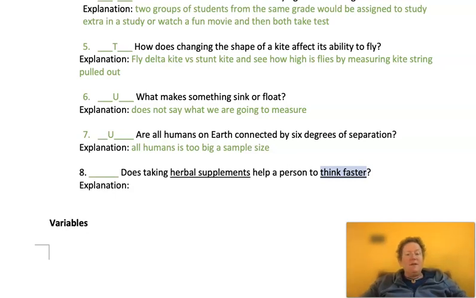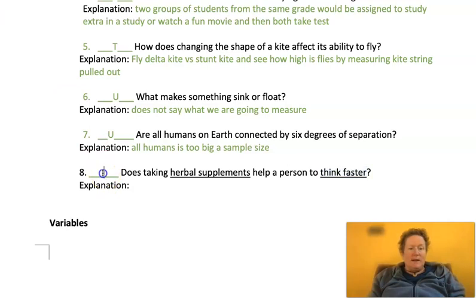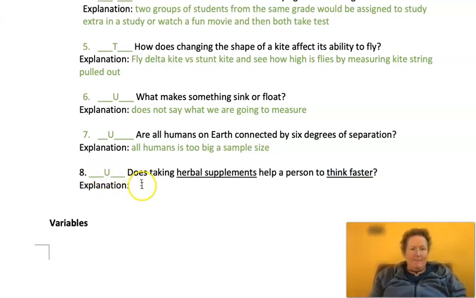You'd have to have a very specific context or a very specific way you wanted people to think faster, whether it's math or write better or say the alphabet faster, but right now, the way it's written, it's untestable. Needs more definition of herbal supplement and think faster.